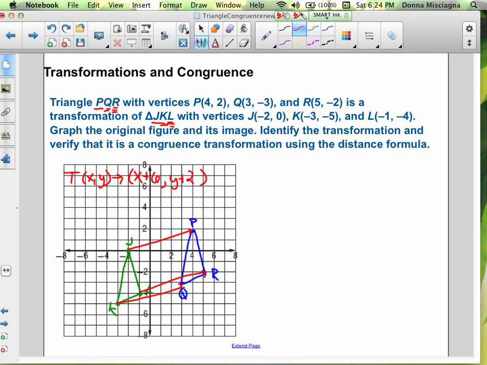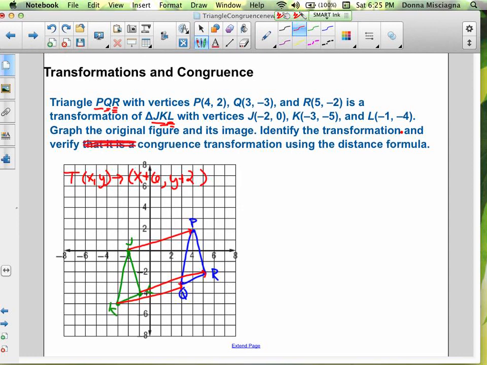All right, so now we're verifying, and we're going to identify the translation, which we did. Then we'll use the distance formula to find the measures. Actually, in a later lesson we'll be using the distance formula. So I'm going to end this sentence with identify the transformation and verify congruence.